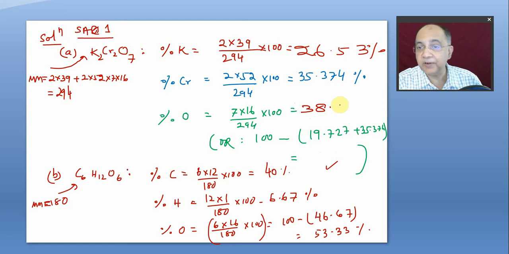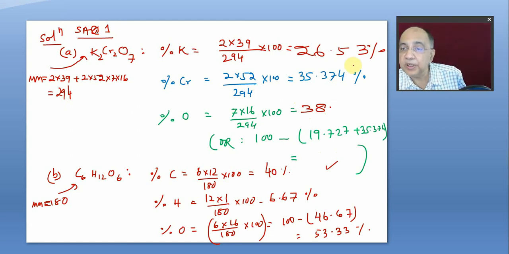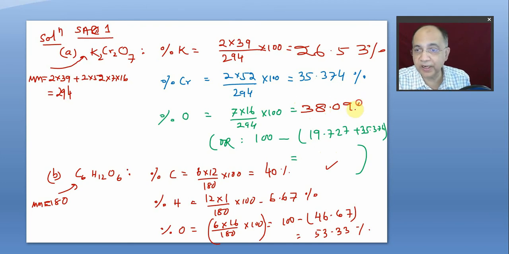Here I have taken 3 digits after decimal, here 2. And here if I write down 0.95, then this is not equal.